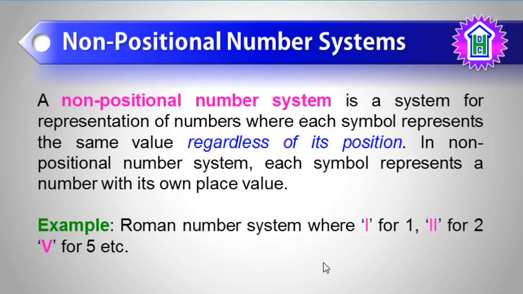Example, the Roman number system, where I is used for Arabic 1, two lines or two I's are used for 2, and a symbol like V is used for representing 5.